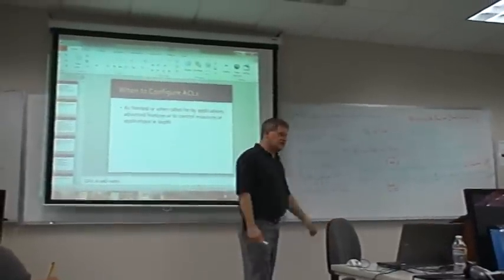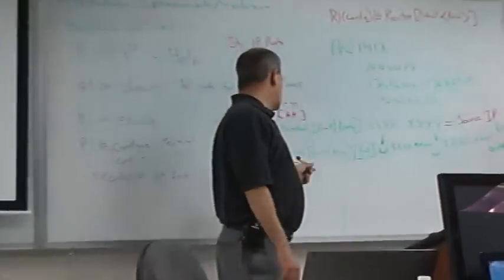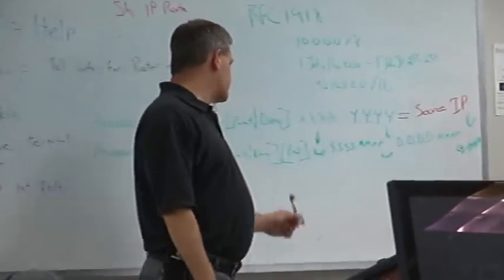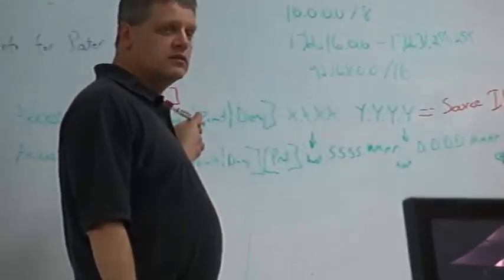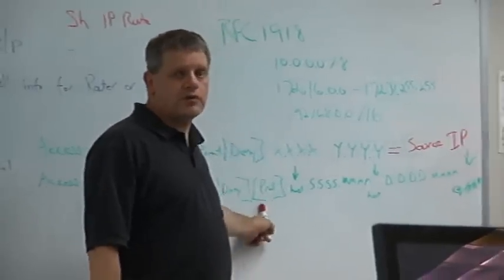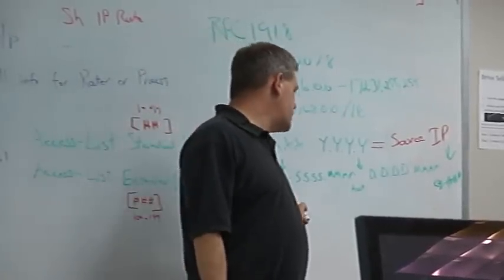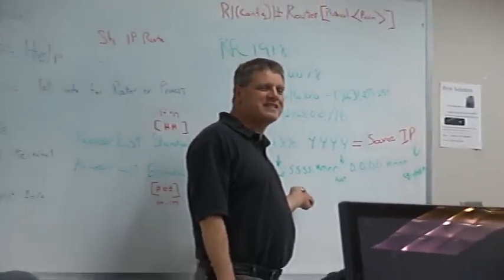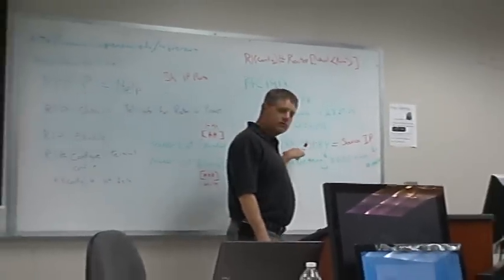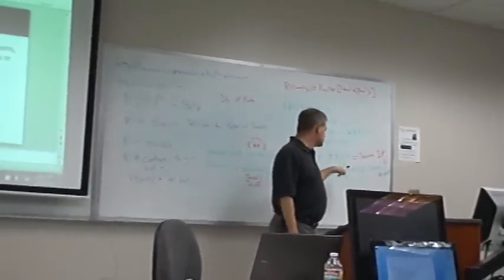An extended access list, alright, will allow me to permit or deny based not just on that source IP, but on layer 3 or layer 4 protocol. It'll allow me to permit or deny based on a specific IP, a specific host, or like a standard access list, a network and wildcard mask.